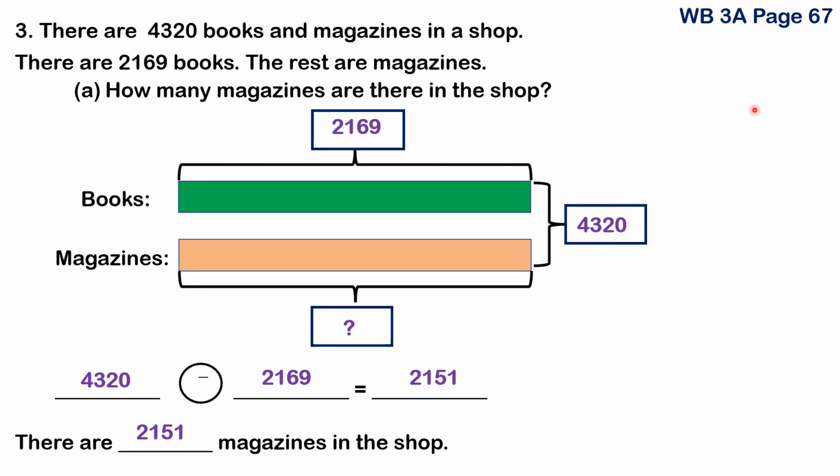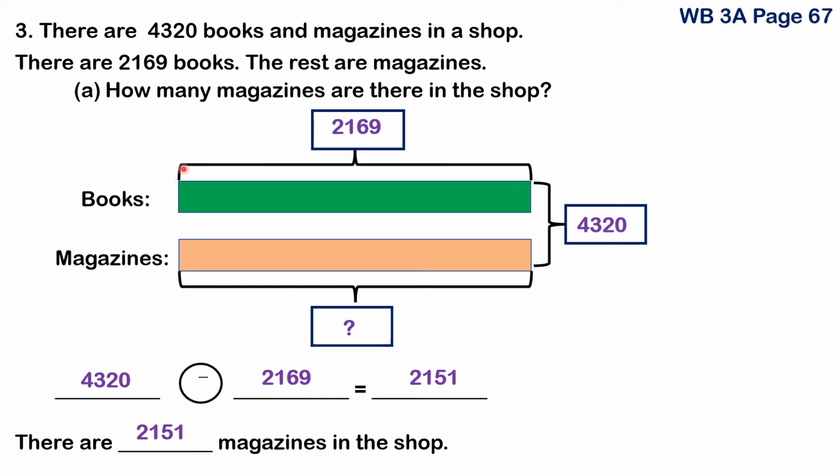Now let's go to page 67, which is question 3, where there are 4,320 books and magazines in a shop. There are 2,169 books and the rest are magazines. So the first question, how many magazines are there in the shop?